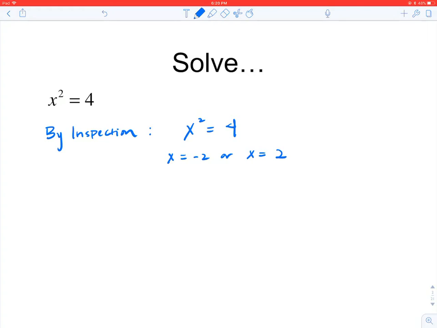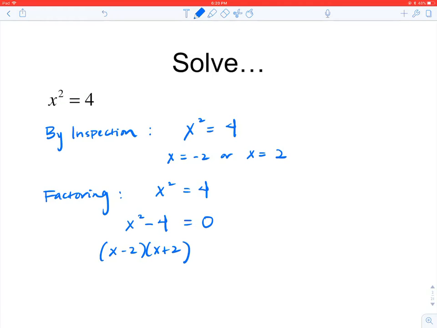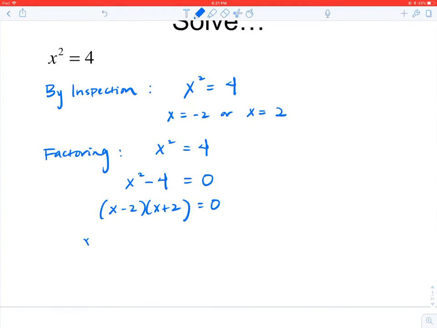And then you also know how to solve a quadratic equation like this by factoring. To solve an equation by factoring, we need to have 0 on one side of the equation. So if we subtract 4 from each side, we end up with x squared minus 4 equals 0. That's a difference of two squares, so it factors to x minus 2 times x plus 2 equals 0.